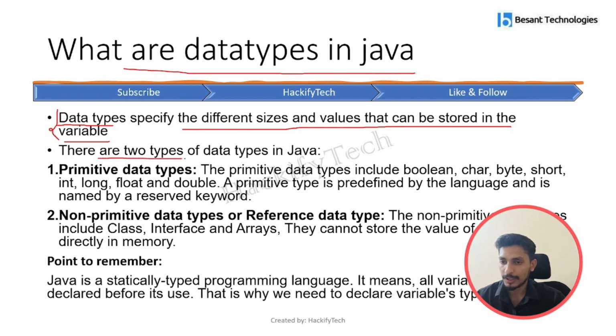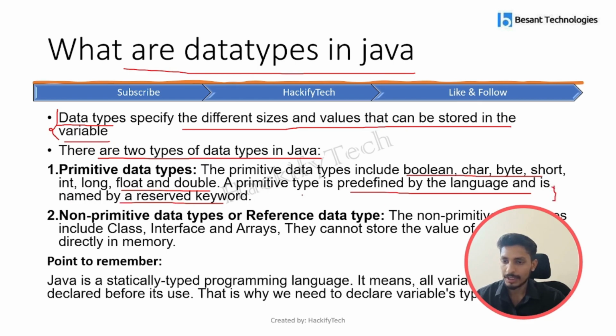There are two types of data types available in Java. One is primitive data types, which include boolean, character, byte, short, int, long, float, double, etc. Primitive data types are predefined by the language and named as reserved keywords, so they are already defined along with your Java programs.